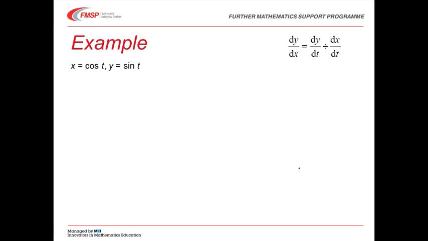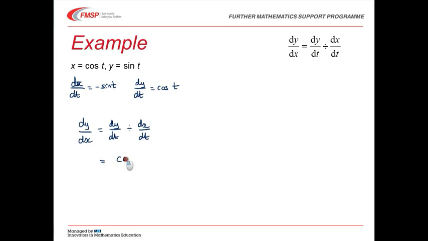I'll do another example. x equals cos t, y equals sin t. So dx by dt is minus sin t, and dy by dt is cos t. Chain rule tells us that dy by dx is dy by dt divided by dx by dt.